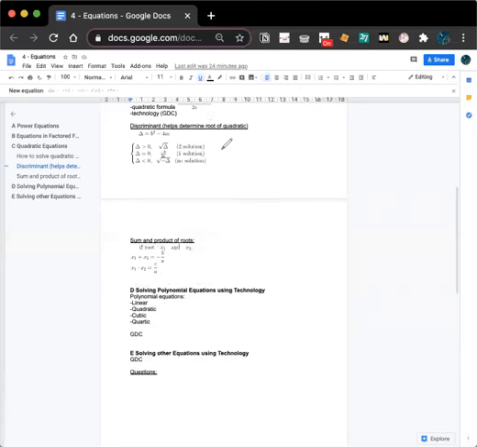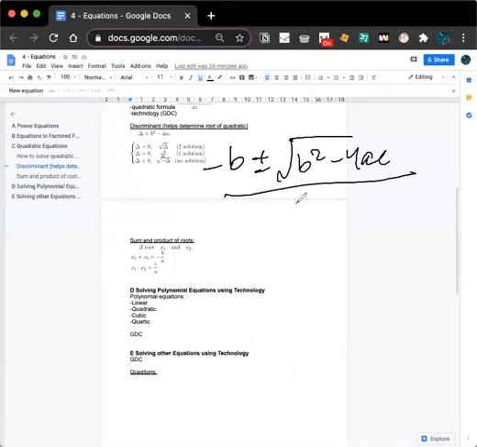Or another literal way to do it is, for example, if we have this equation, right? You have the quadratic equation, and this results in x. So let's just say, again, x1 equals alpha, and x2 equals beta.